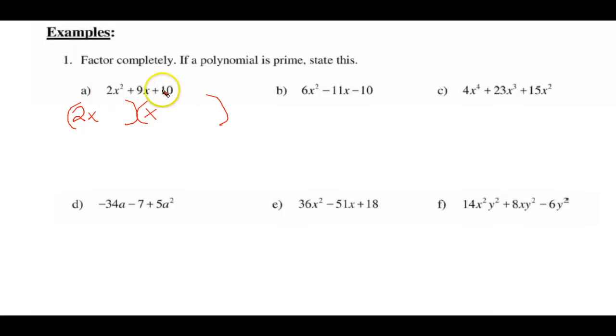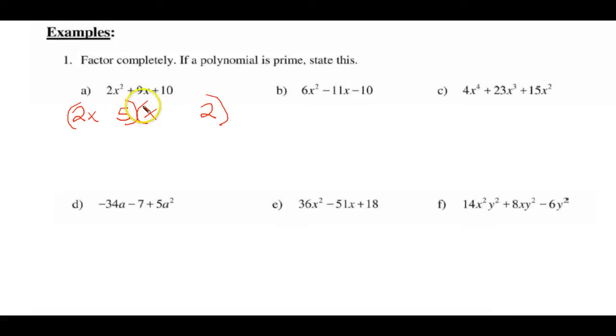Now, when we think of 10 being here, we have to think of our factors. 10 and 1 will not give you a 9. 5 and 2 will not give you a 9, but if you did it this way, watch. 5 here and 2 there.